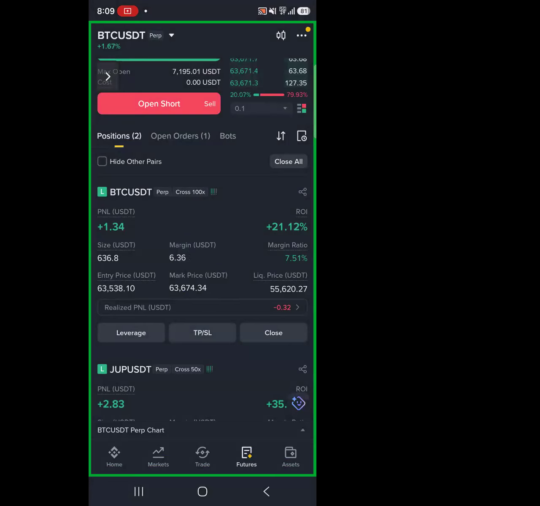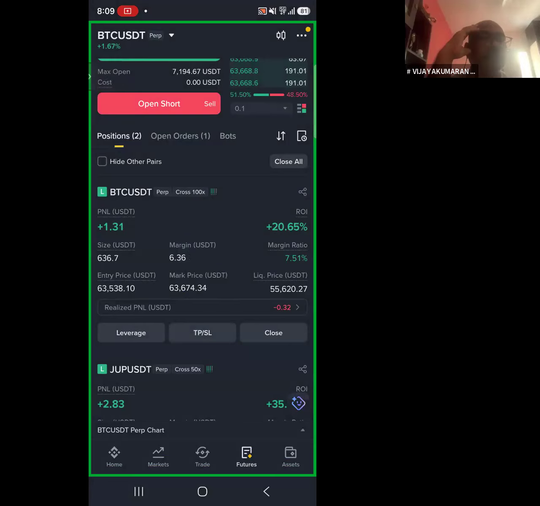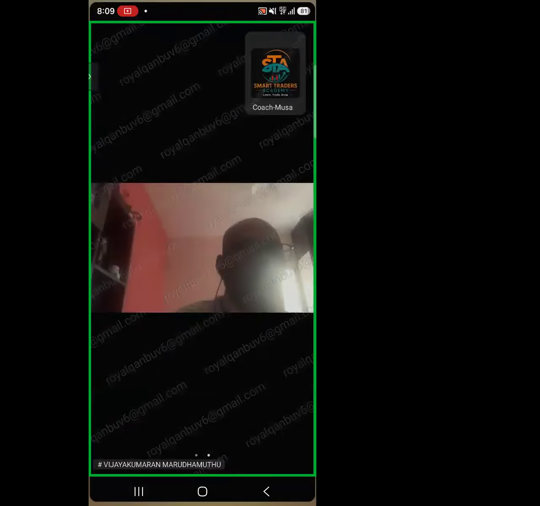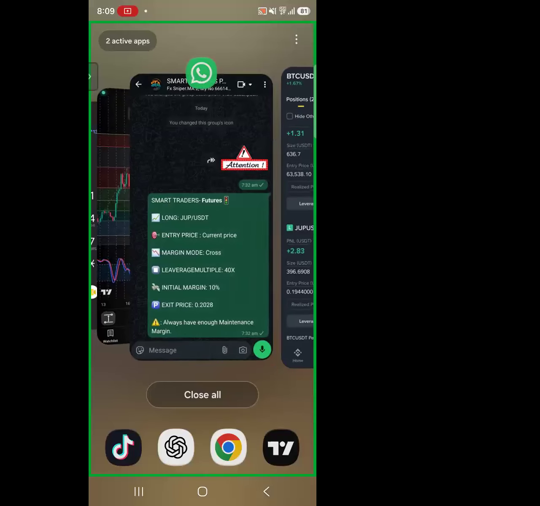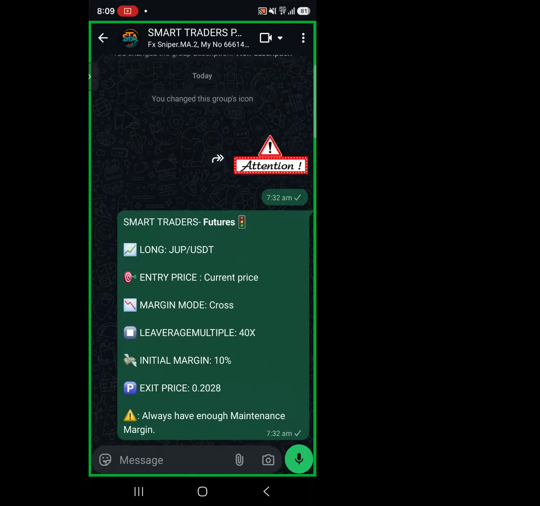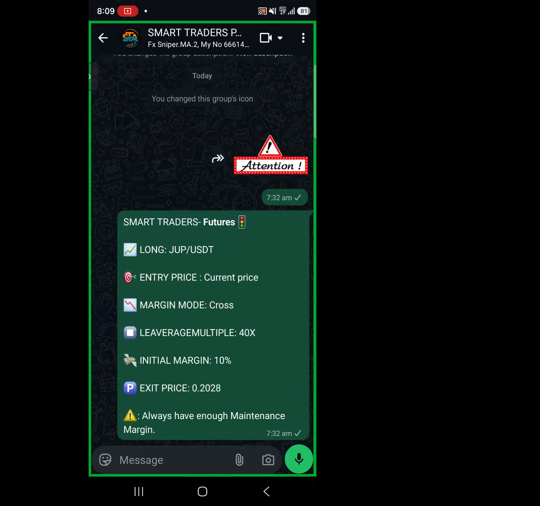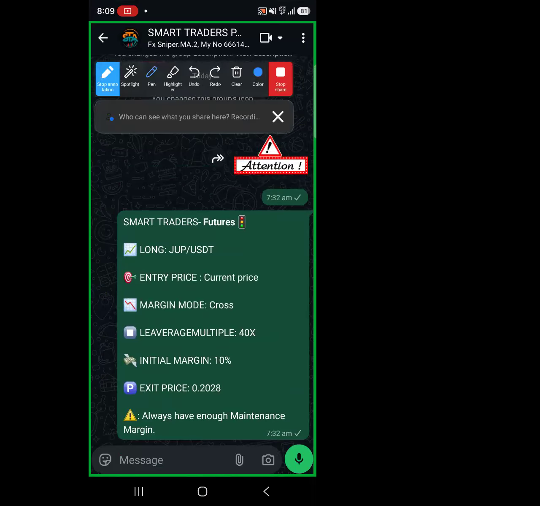You understand? Now, for example, if I want JUP, the exit price was 0.202. So in the signal, this is what will always happen. You will expect the instruction.